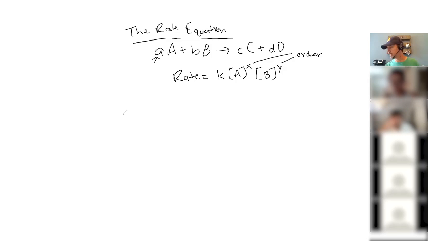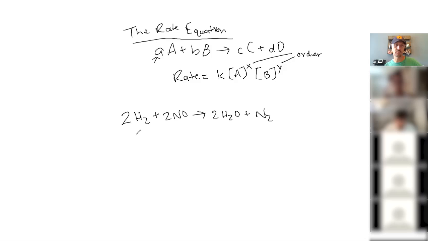So here's the reaction that they give us: 2H2 plus 2NO yields 2H2O plus N2. They tell us the reaction is first order with respect to H2.